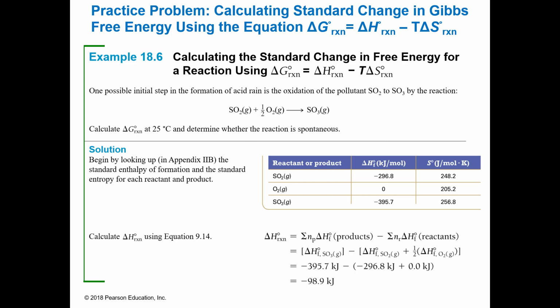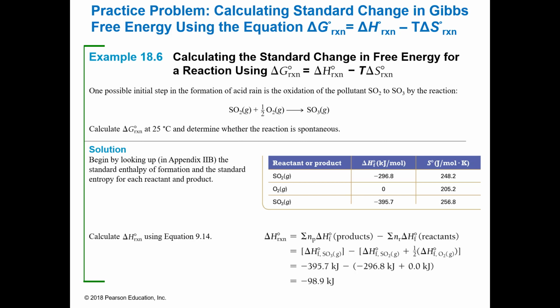So not hard, very straightforward. Just be organized and pull the information from the table. The most common mistake, again, is students don't calculate what's in the brackets first. They try to hurry it and just say this minus this, and then they forget to subtract this one. So that's why you've got to do the bracket. Doesn't hurt you here because oxygen is 0, but that's one thing I see.